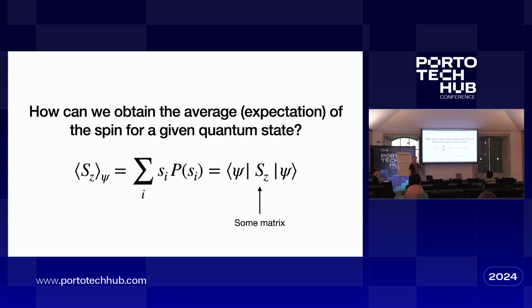So in quantum mechanics, observable things correspond to matrices. And the expectation values, mean values, averages, take this form, where this is a matrix representing that observable. This is the bra, this is the ket of the quantum state.